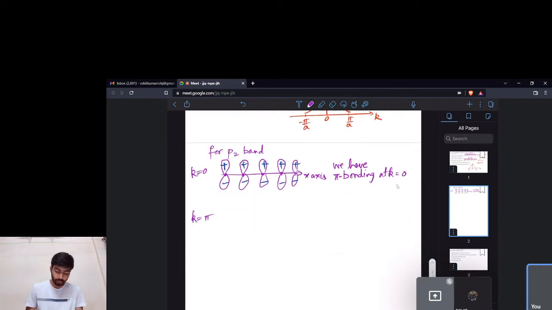For k is equal to pi by a, these are atomic positions, we have plus minus. Now at k is equal to pi by a, shifting occurs, minus plus, plus minus, because k is equal to pi by a corresponds to the anti-bonding state.